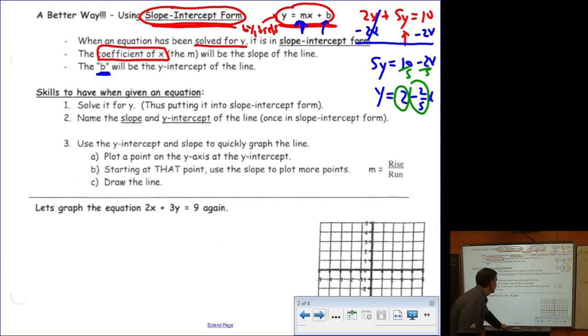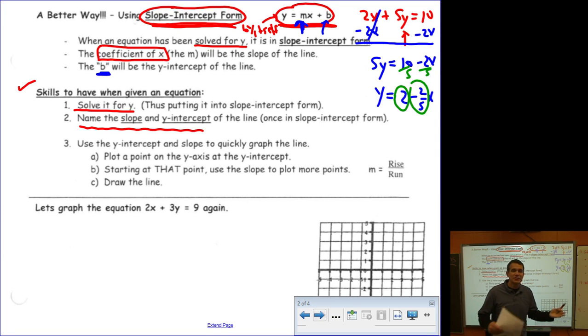All right, so here are skills you need to have when given an equation. Can you solve it for y, thus putting it in slope-intercept form? That's why we practiced that last night, taking an equation with two variables in it, x and y, and solving it for y. And then once you have solved it for y, can you name the slope and the y-intercept?